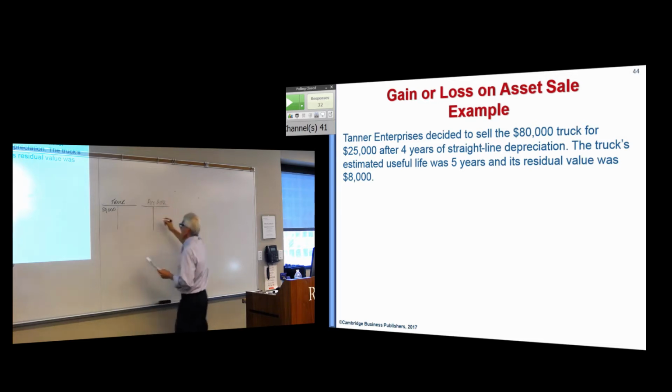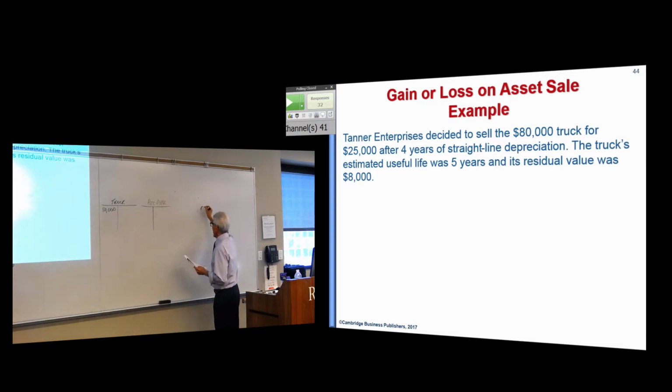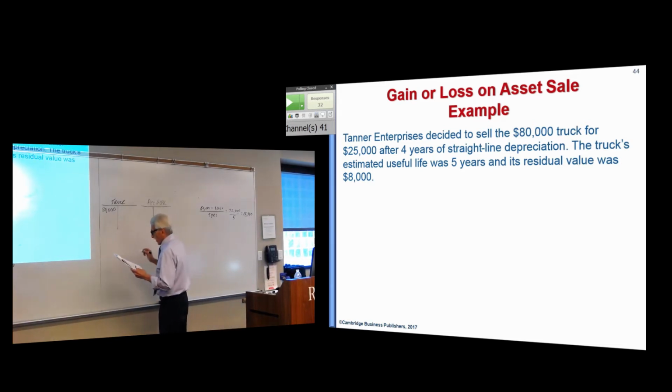And we know that we did straight line, so it was 80 minus 8, which was the scrap, 72 over 5 years. Just to bring you back, it was 14.4. And we depreciated the asset for a 4-year period.